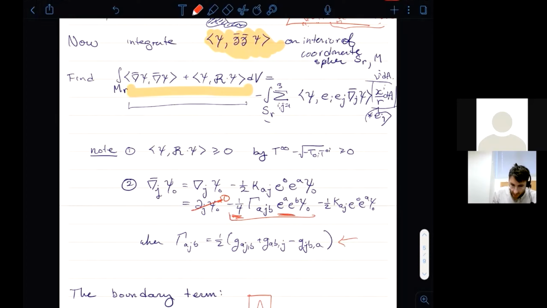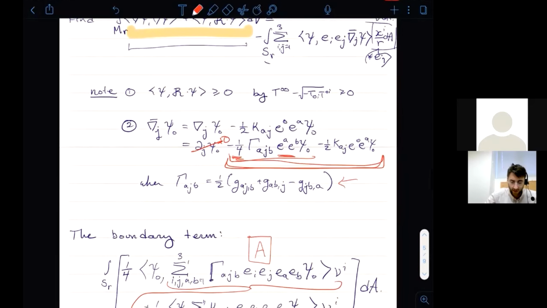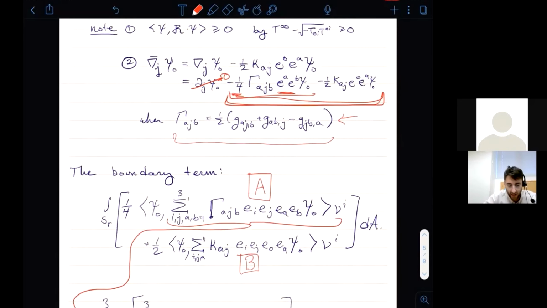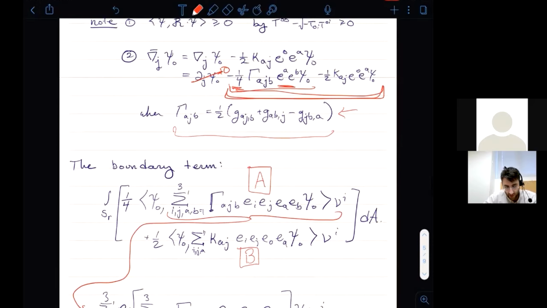Okay, so now we want to analyze these two terms. Just to remind you what the Christoffel symbol looks like in terms of the metric tensor, because again, the mass formula was in terms of the metric tensor and the second fundamental form, those integrals on spheres at infinity. So combining the two terms and the boundary form together, we have these two terms.